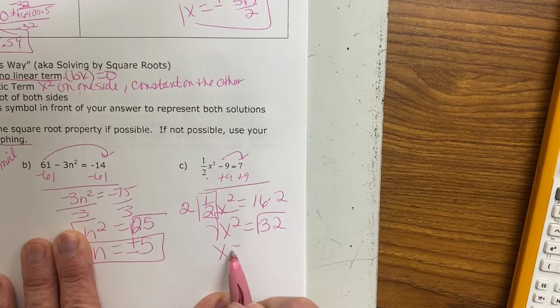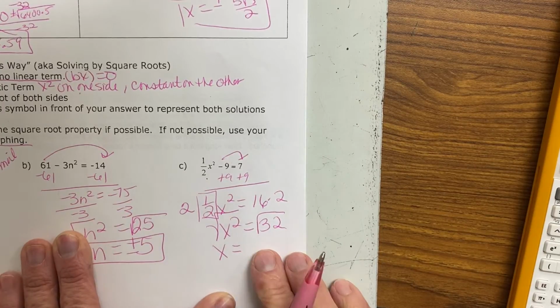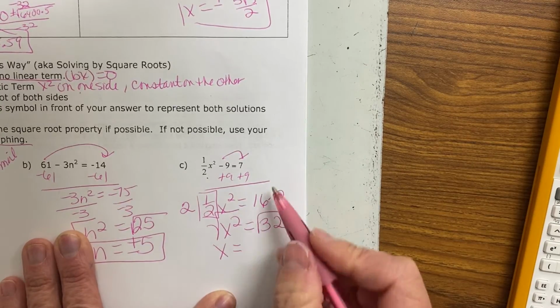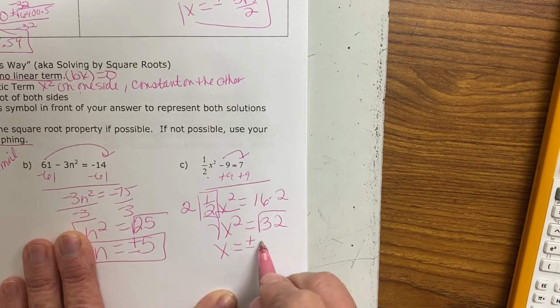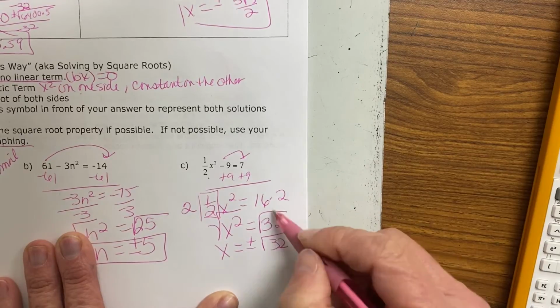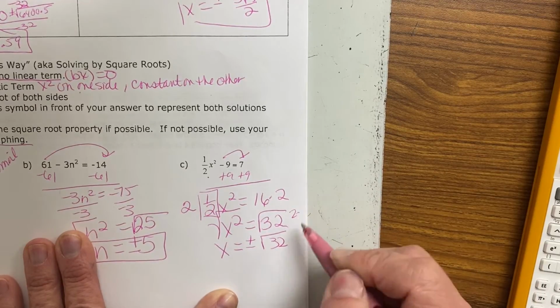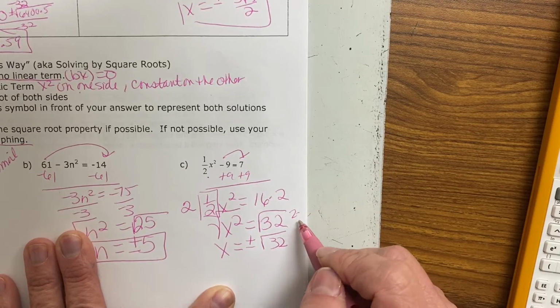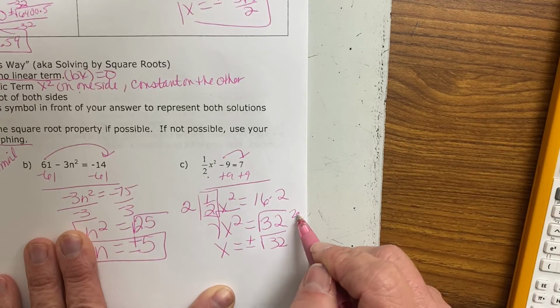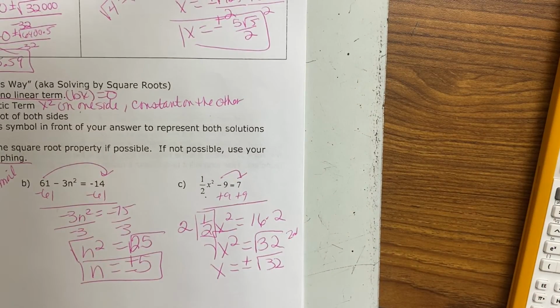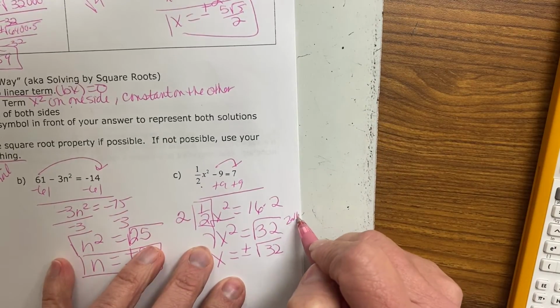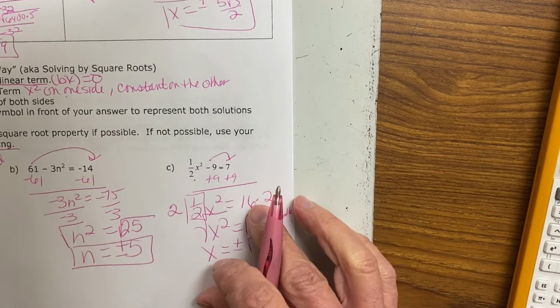And so we'll have x is equal to, and this is something that we can go ahead and simplify. So we're going to have it as plus or minus the square root of 32. Let's see if we can simplify that. It's going to be 2 times what will give us 32. This is going to be 2 times 16, so we can go ahead and simplify that a little bit more.